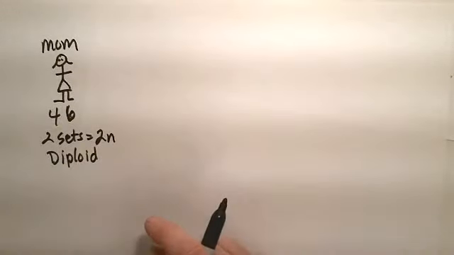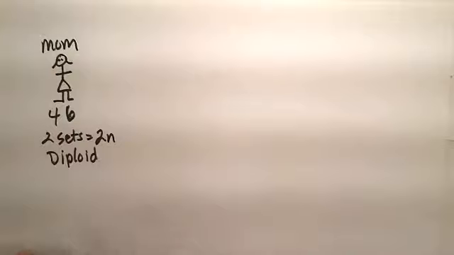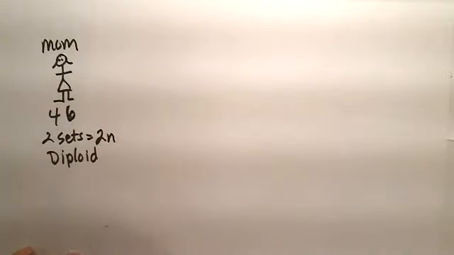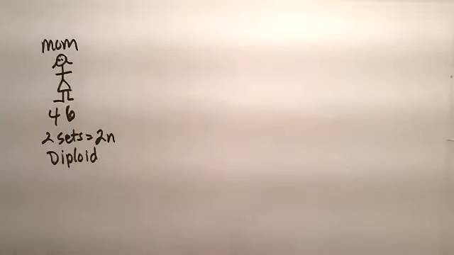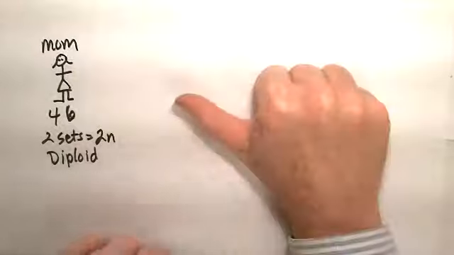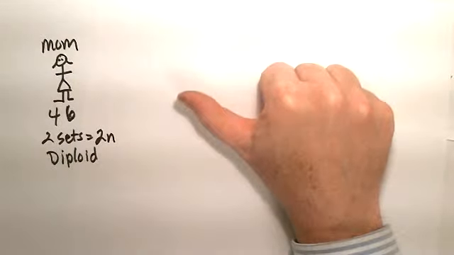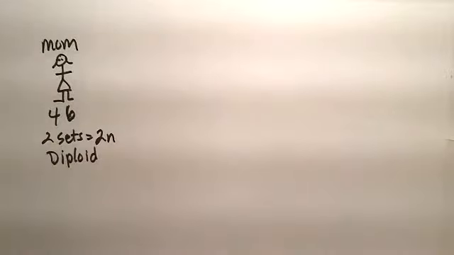And what do I mean by diploid? What do I mean by two sets? What I'm saying is that she has two alleles, at least two alleles, for every trait. So if mom is recessive like I am, then mom is going to have two alleles that are both lowercase, that say don't have hitchhiker's thumb.